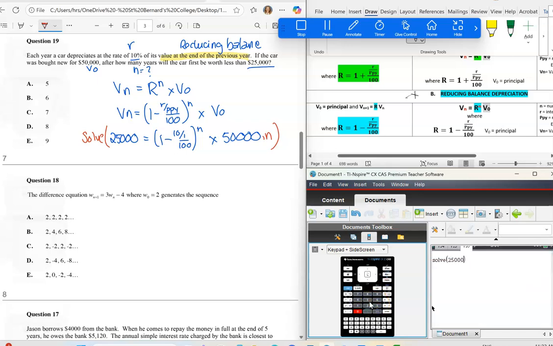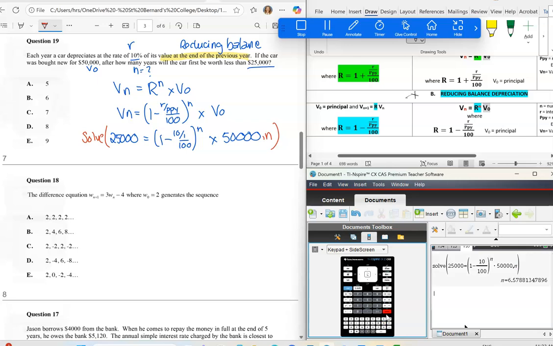25,000 equals, pop in the brackets, 1 minus control divide to get that little fraction, 10 over 100, close that bracket, the power of n, and then times by 50,000, and we go comma n.